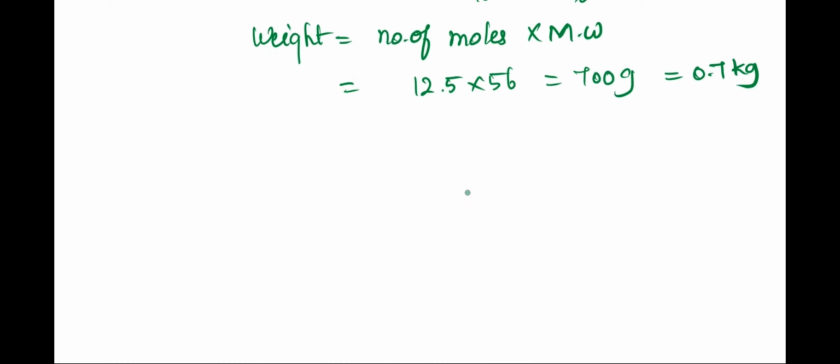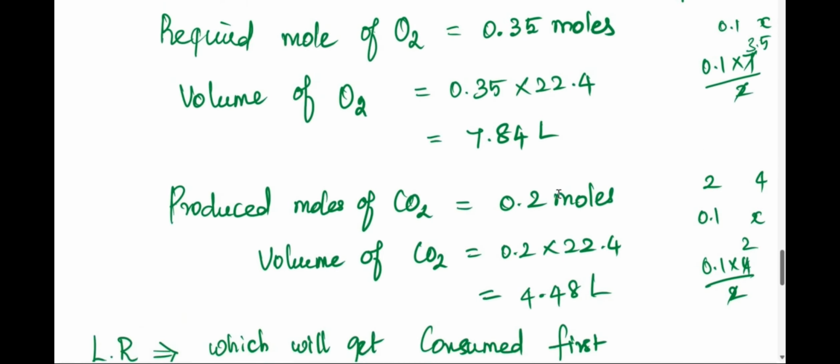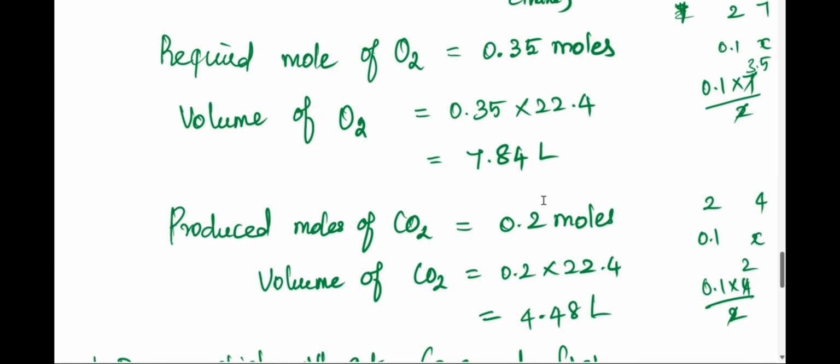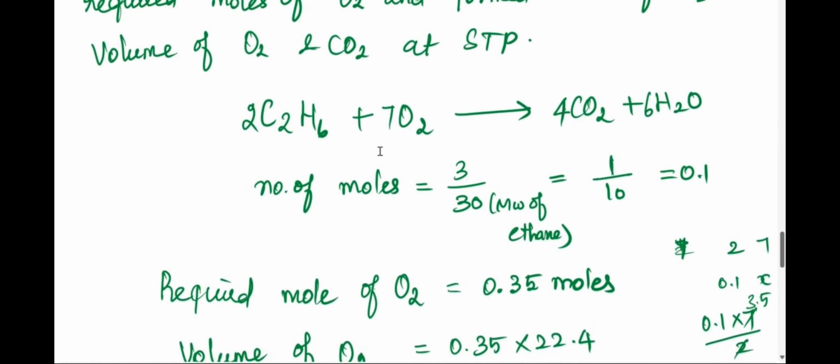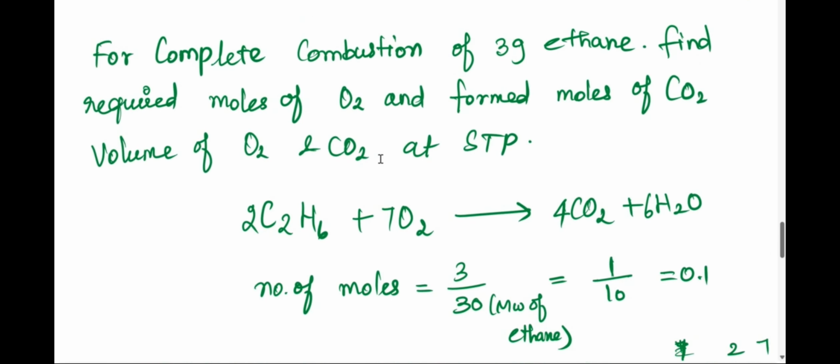The type 2 is that mass to volume relationship. We already solved this type of question. Just now we have solved the question about ethane, right? Combustion of ethane.